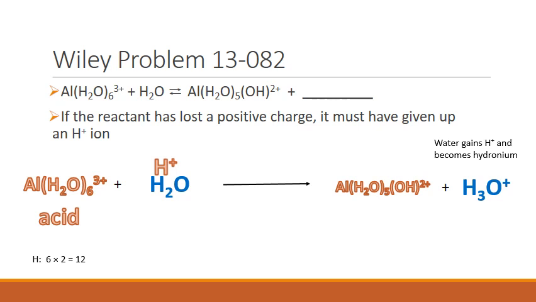Let's count the hydrogens on the left and right side. On the left side, I've got 6 waters, each having 2 hydrogens, 12 hydrogens. In our product molecule, there are only 11. There's 1 less hydrogen and a +2 charge, so it has lost a plus charge.